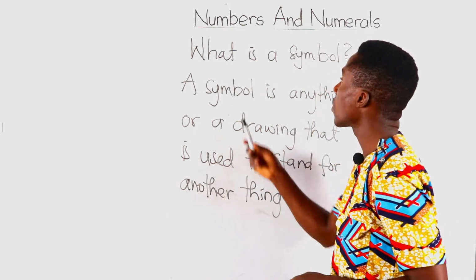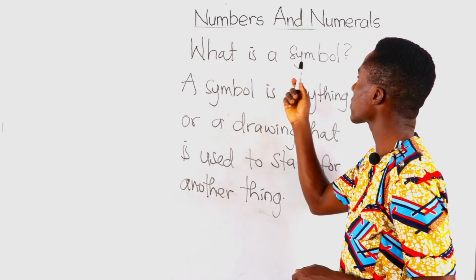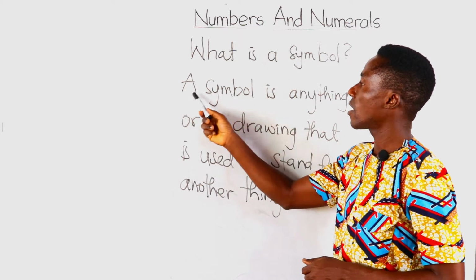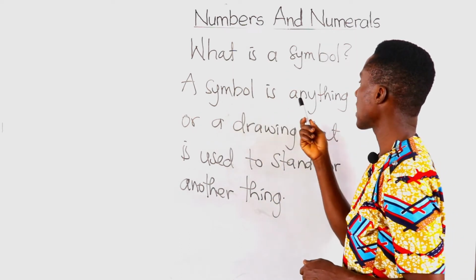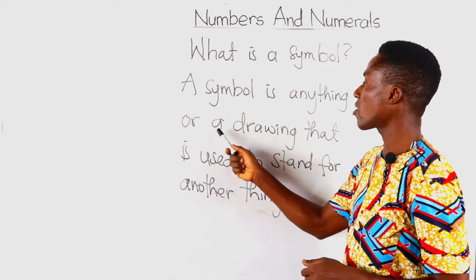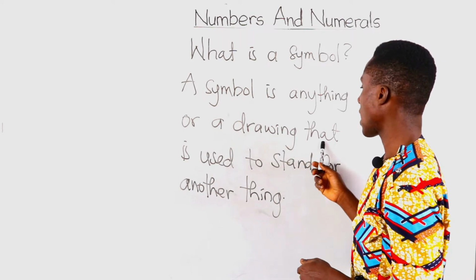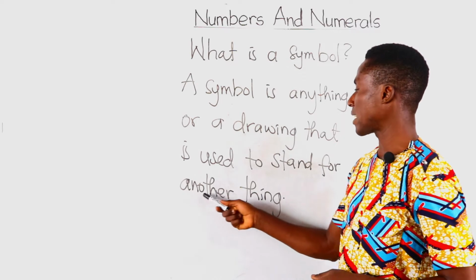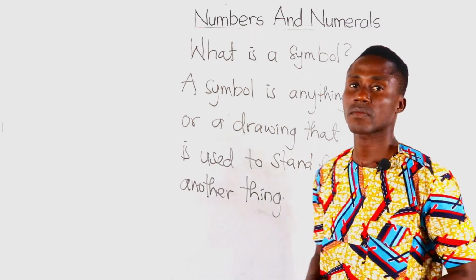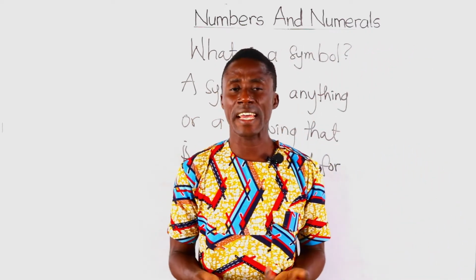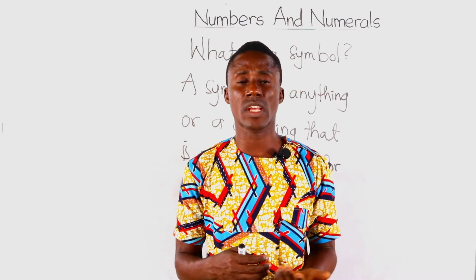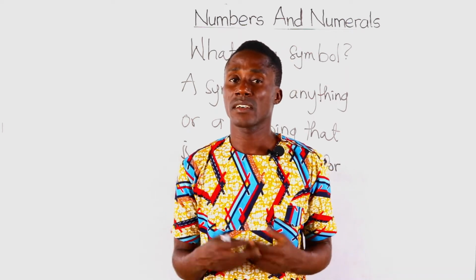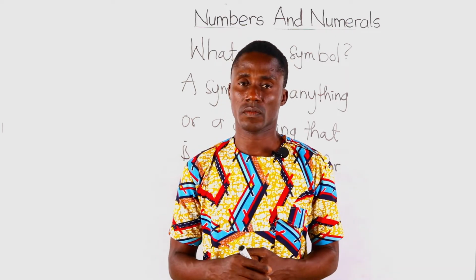Okay, so what is a symbol? A symbol is anything or a drawing that is used to stand for another thing. So anything that is used to stand for another thing is called a symbol.